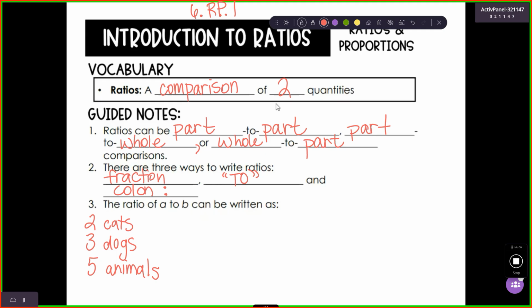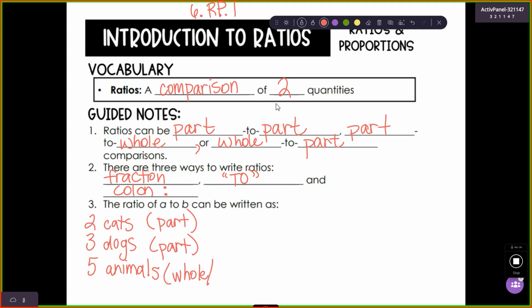Okay? What this is in relation to math, 2 cats is a part. What do you think 3 dogs will be? A part. And then 5 animals. What do you think it will be? A whole. Now, what's another word for whole that you heard me say just a second ago? I asked you to find the total, right?